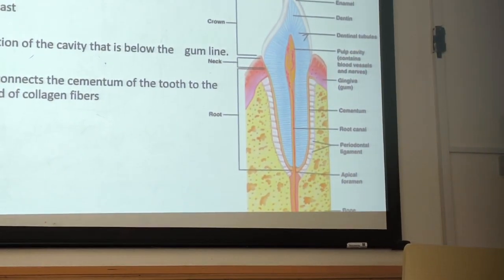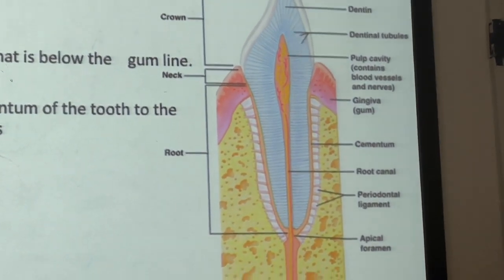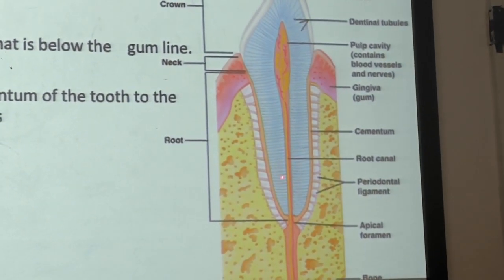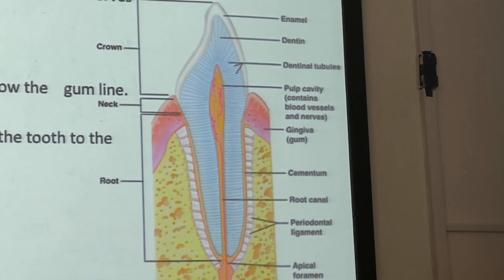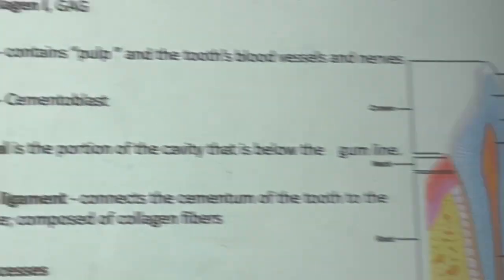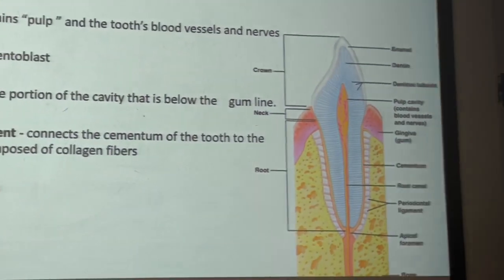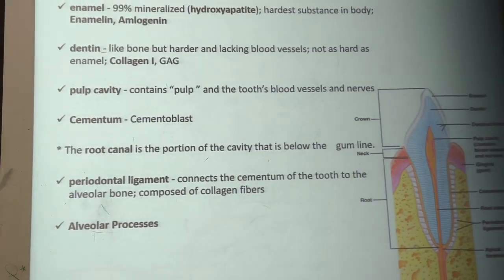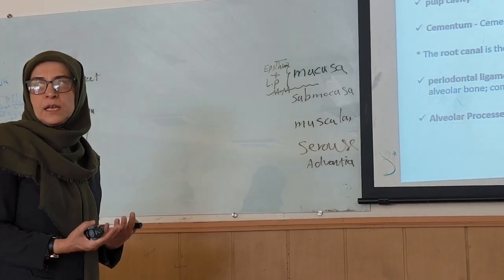Inside the enamel in the crown and the cementum in the root, there is another hard structure named dentin. It is similar to bone, but doesn't receive any blood vessels, and is not as hard as enamel.